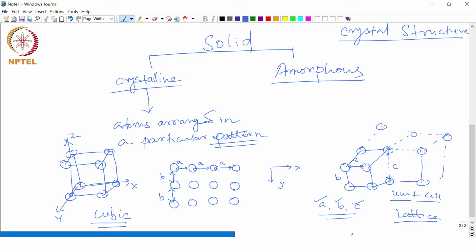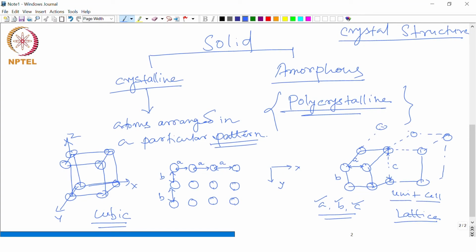And in that case, when you have several crystals together forming the entire structure, will be known as a polycrystalline material, okay, which is an aggregate of several crystals. Okay. So, this is what most of the metals are generally. They are polycrystalline in nature. Okay.